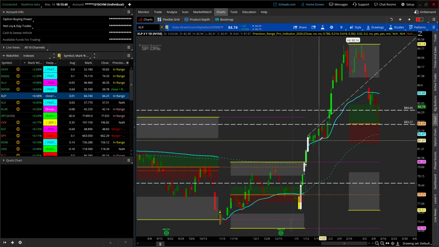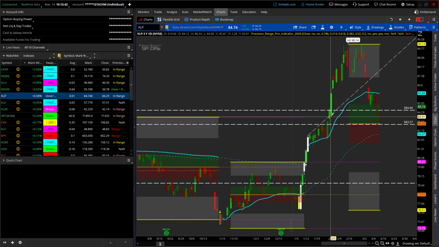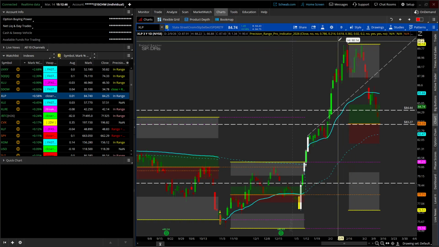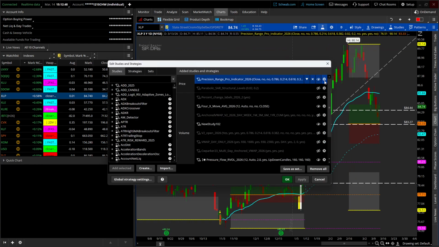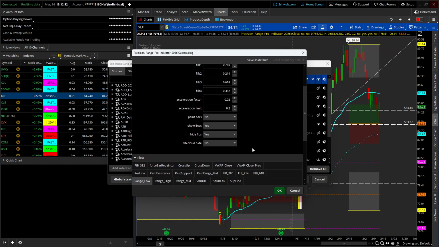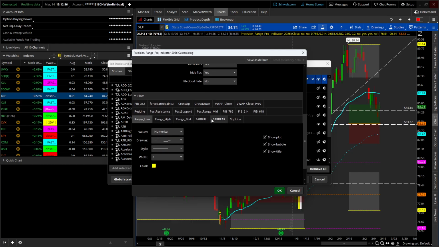The anchor VWAP has been offering support, then it's been pushed up, and then it had to change direction. The other thing that's in here, if you haven't watched my other video on the parabolic SAR, you have these parabolic SARs in here as well, and you also have these risk lines as well. I cut all that stuff off from the beginning of the video.